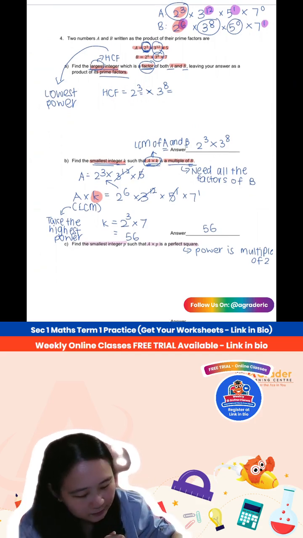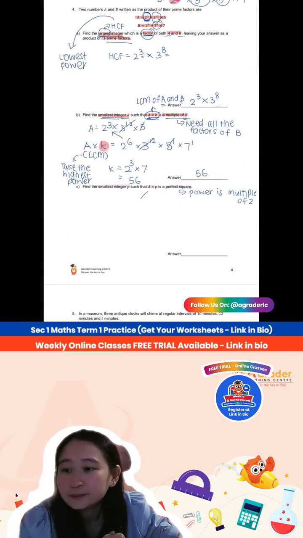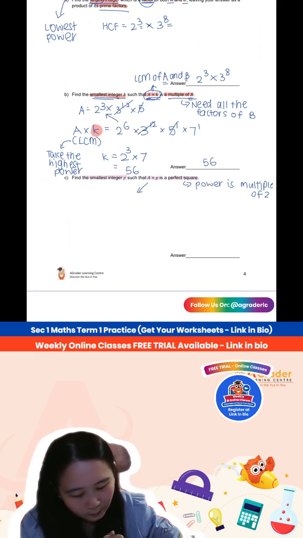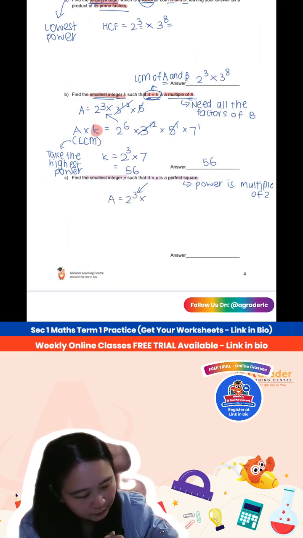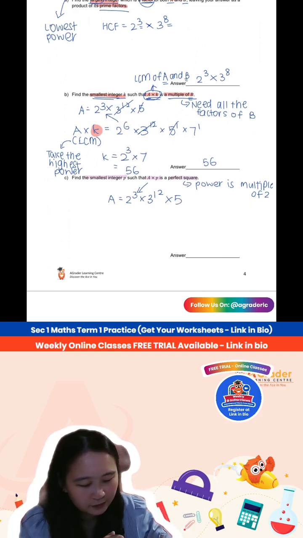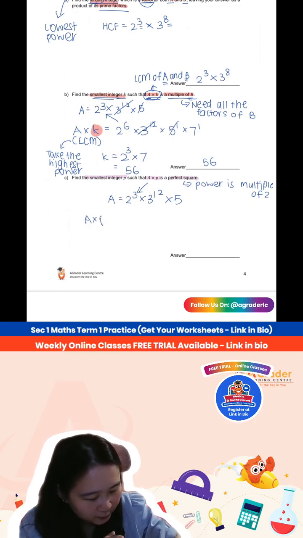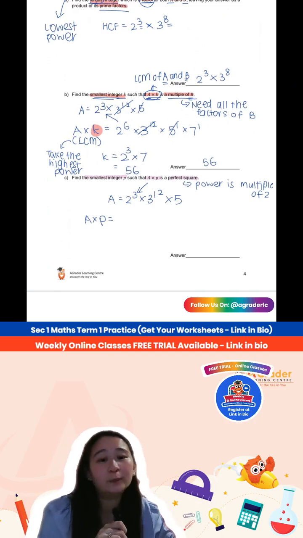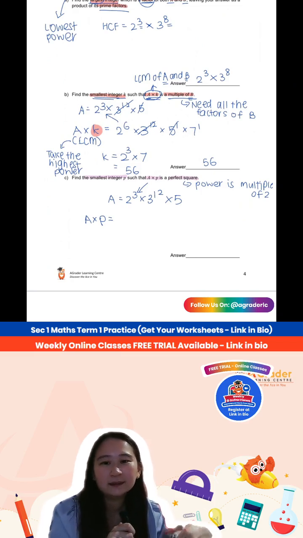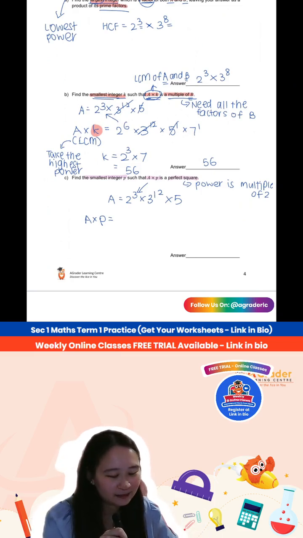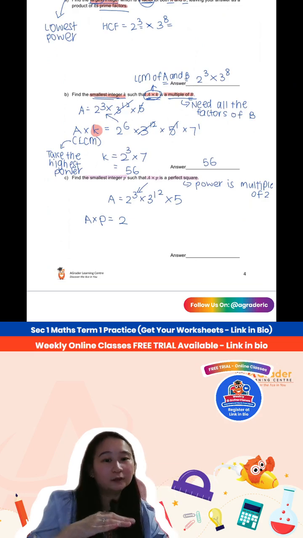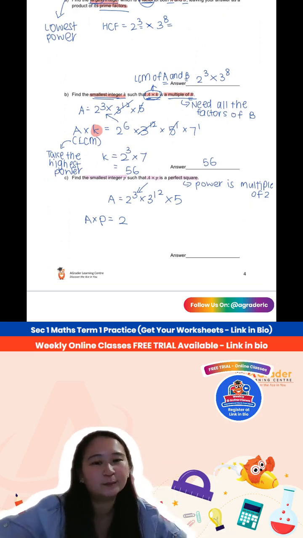Okay, so I know that my a is 2 to the power of 3 times 3 to the power of 12 times 5. So a times p must be, since it's multiplied by p, a greater value than a. Okay, so I will either maintain my powers or round up to the nearest even number.